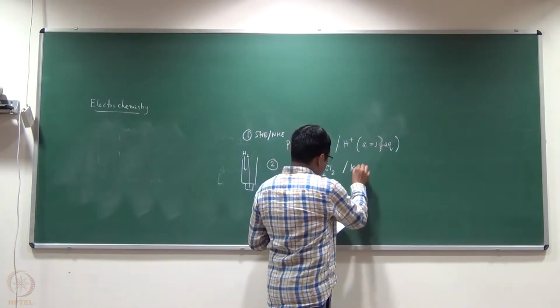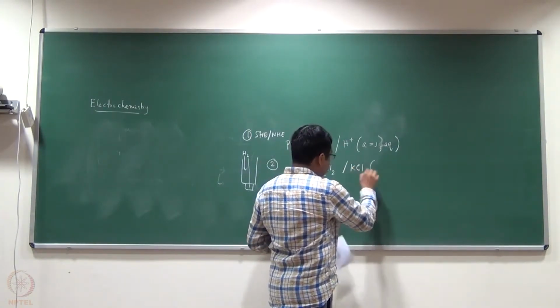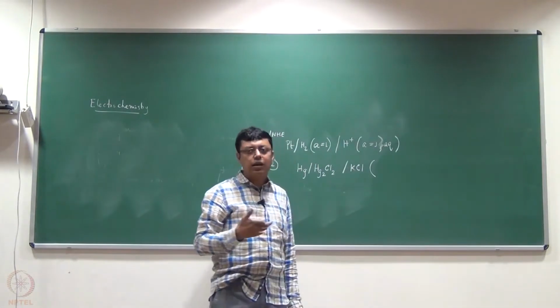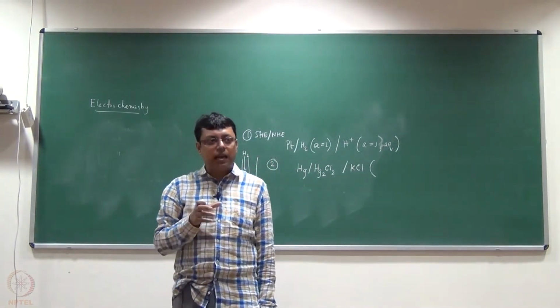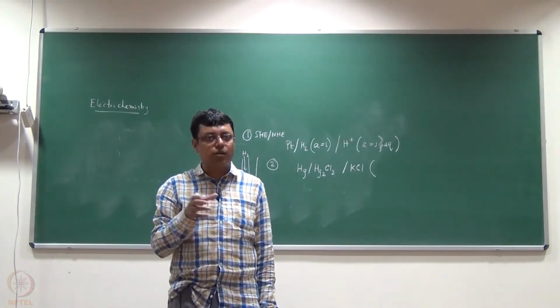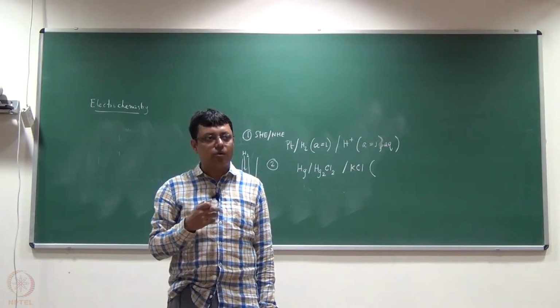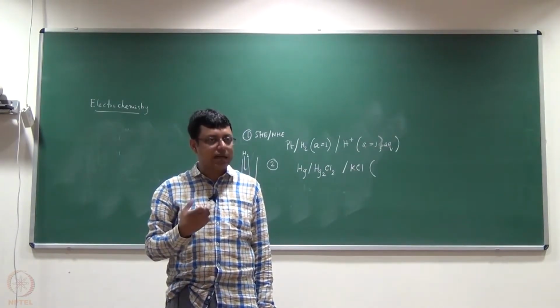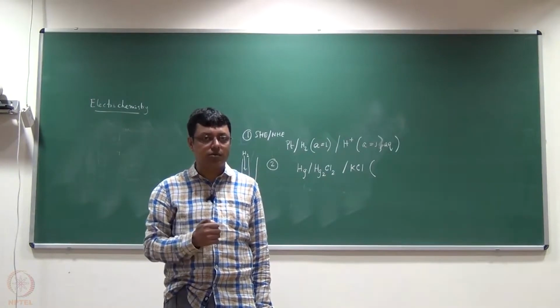In KCl. What is KCl? It's a potassium chloride aqueous solution. But then activity cannot be equal to 1 because it's a solution. So all we can say is that we can take this KCl as a saturated solution.